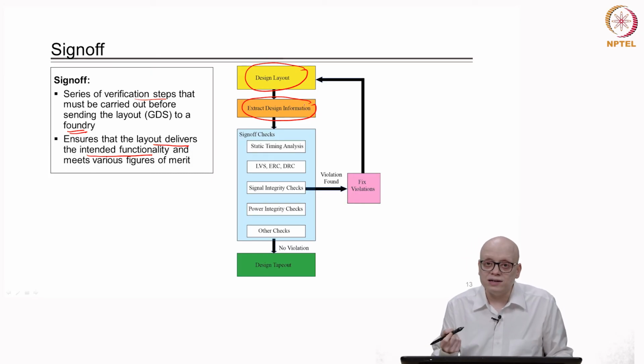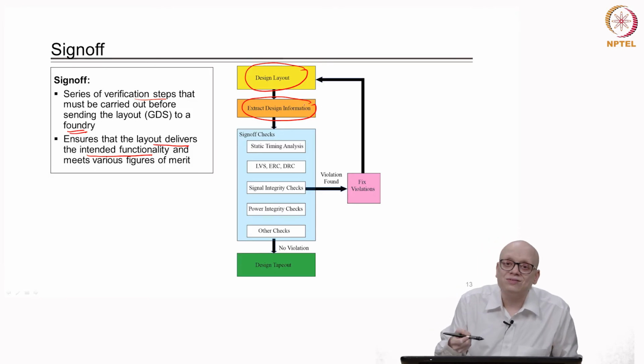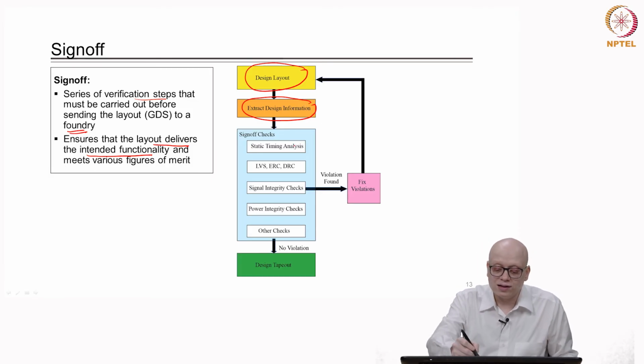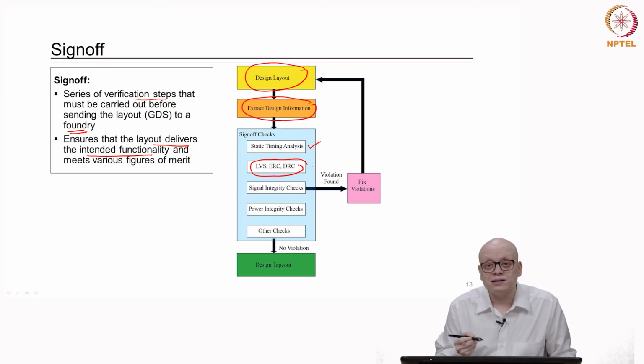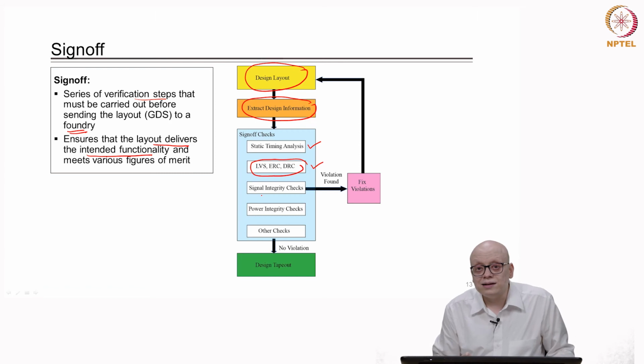Now, using that information, a series of checks will be done. Here I am showing some of the checks: static timing analysis will be done, then physical verification tasks will be done, LVS, ERC, DRC that we just discussed. And then there can be signal integrity checks.